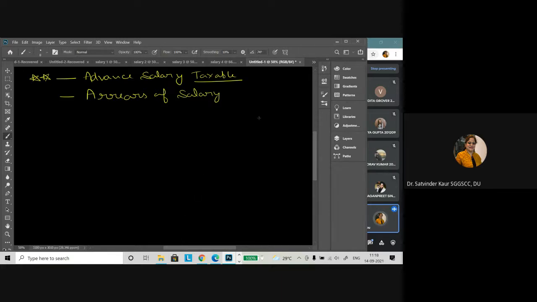तो जब हम बात करते हैं एरियर्स ऑफ सैलरी, तो एरियर्स ऑफ सैलरी मीन्स कि पिछले पुराने टाइम के एरियर्स हमें अभी मिले. So these are taxable on receipt basis if not taxed earlier. Sometimes what happens, you must have learnt about the DA every 6 months increased or being announced by the government.